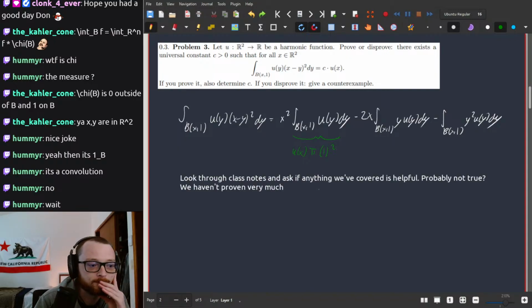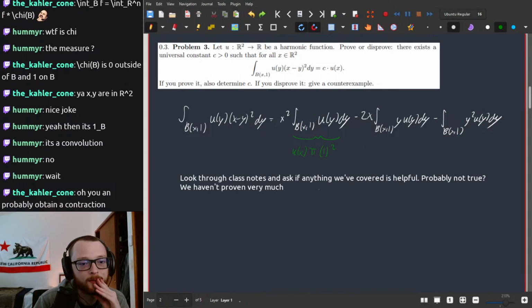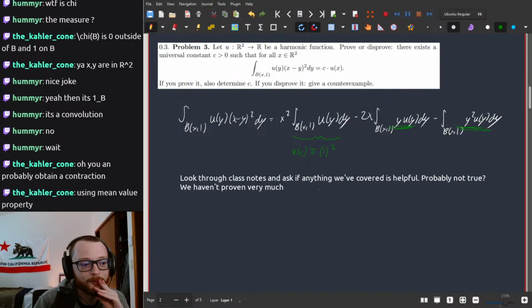Since I don't know what to do with interpreting it as a convolution, I tried multiplying the x minus y squared out, but I don't really know what to do with those two things.